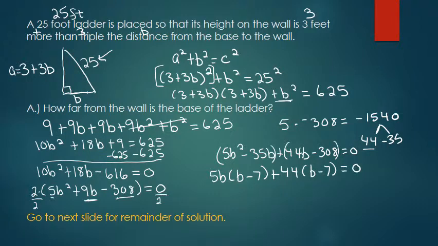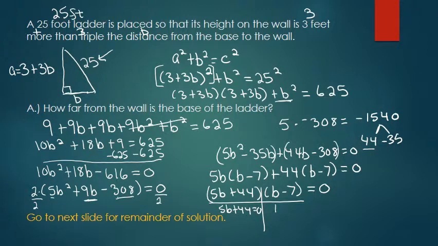My factors are 5b plus 44 times b minus 7, that equals 0, and now I need to do the zero factor principle. Okay, so this one is 5b plus 44 equals 0, and this is b minus 7 equals 0.